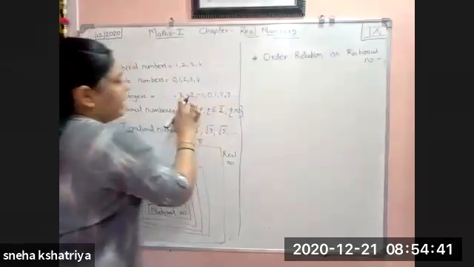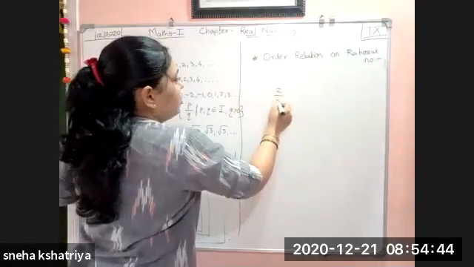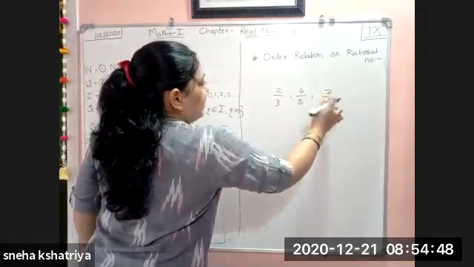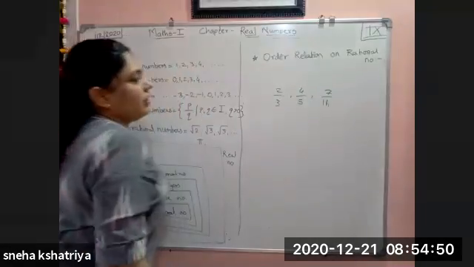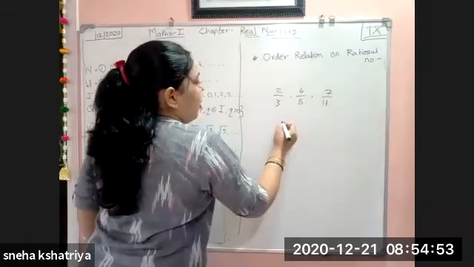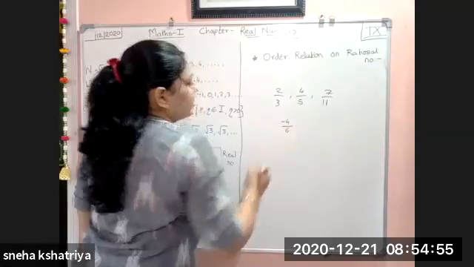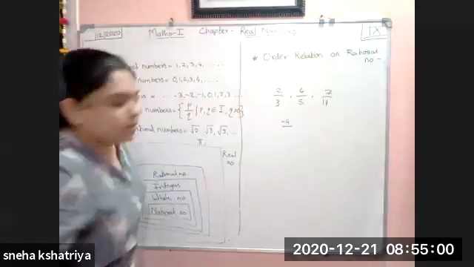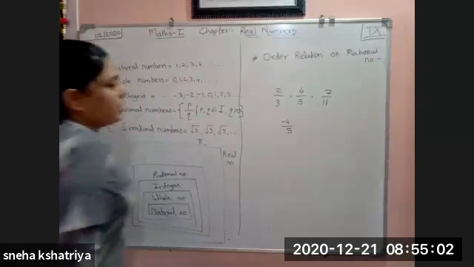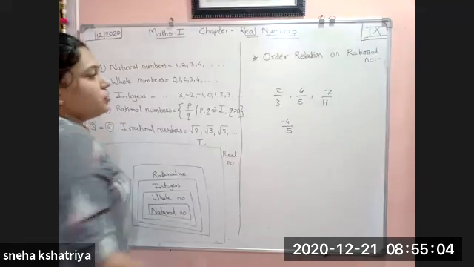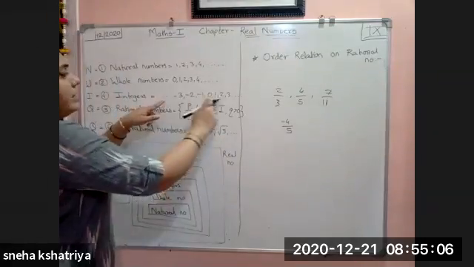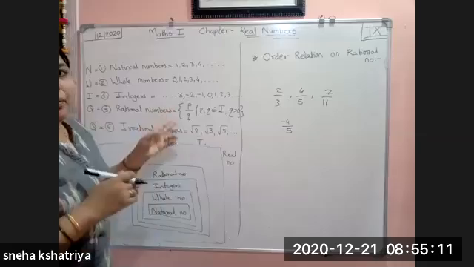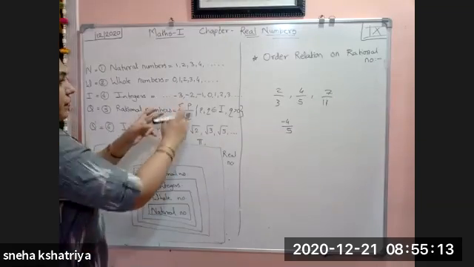For example, 2 upon 3, 4 upon 5, 7 upon 11, or minus 4 upon 5. I said 6 at first, but 4 upon 6 will reduce, so let us take 5. Such integers we have to take in fraction form, p upon q.